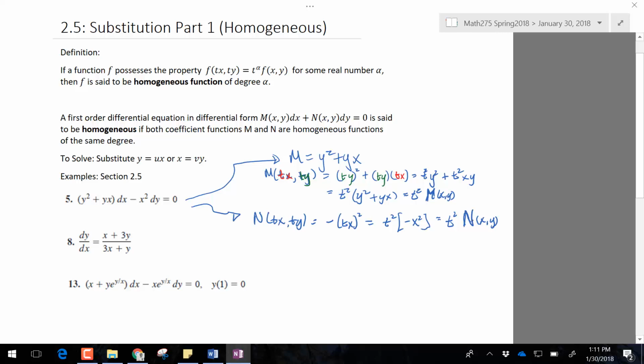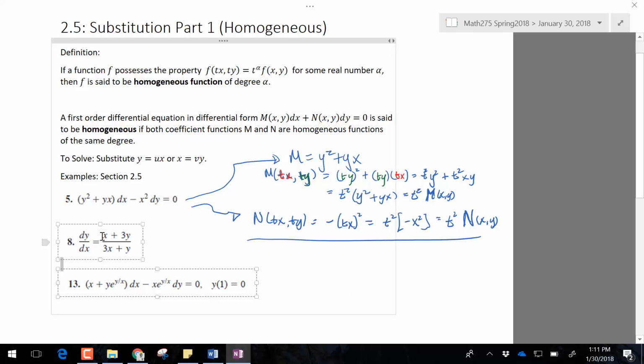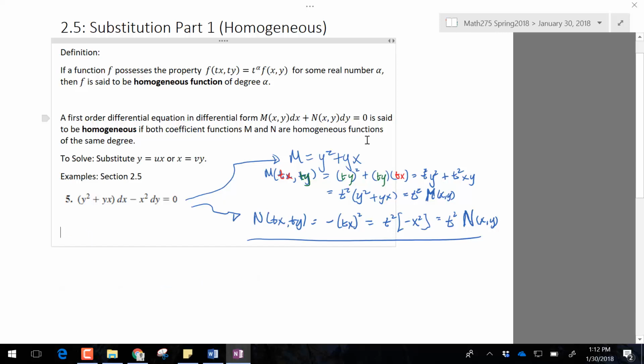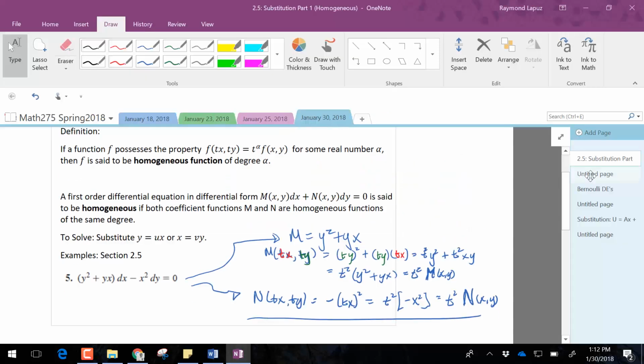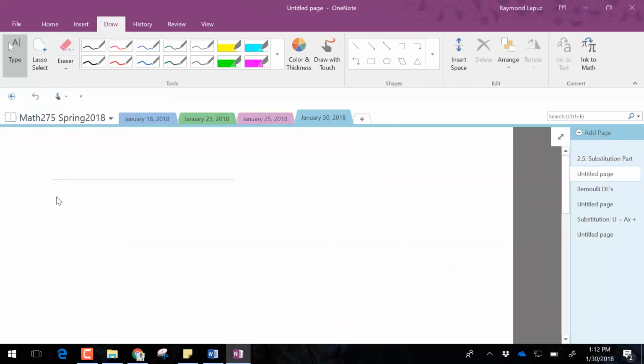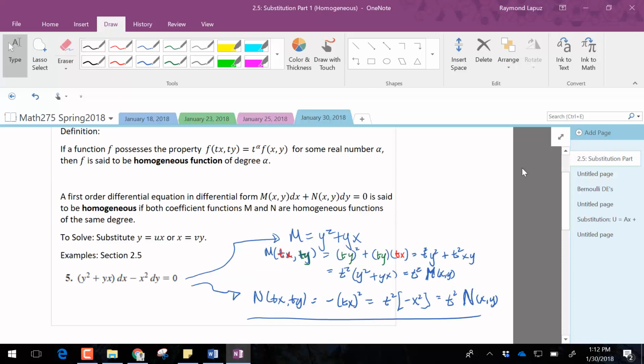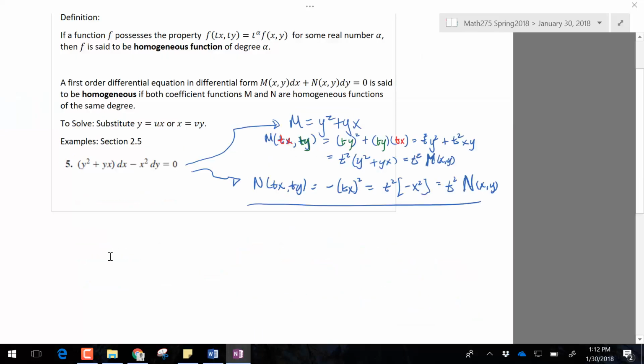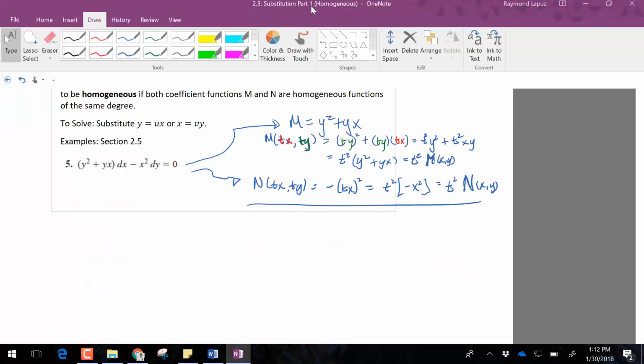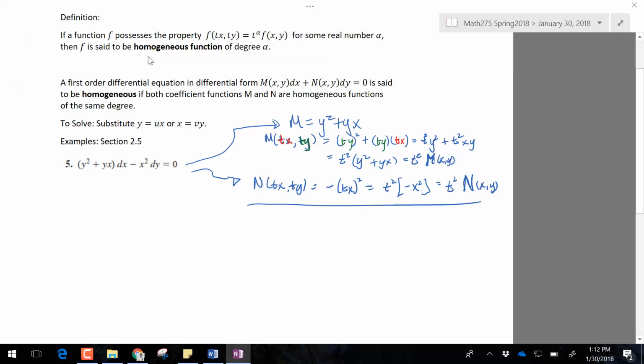Okay, so that's what we want. We're going to need a lot more room than this. Are we good so far?